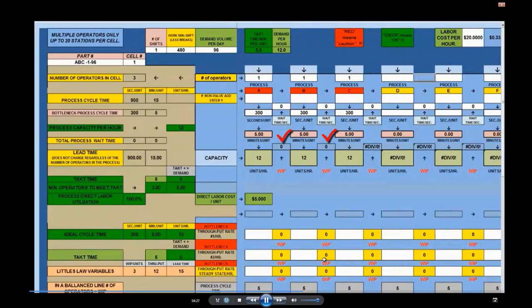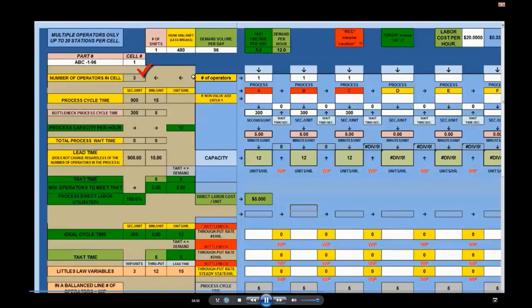First, we notice that work in process is now 0. Capacity is 12 units per hour, direct labor utilization is at 100%, and we are able to meet demand. The direct labor cost per unit has dropped from $8 each to $5 each, and we are utilizing fewer operators than originally planned.